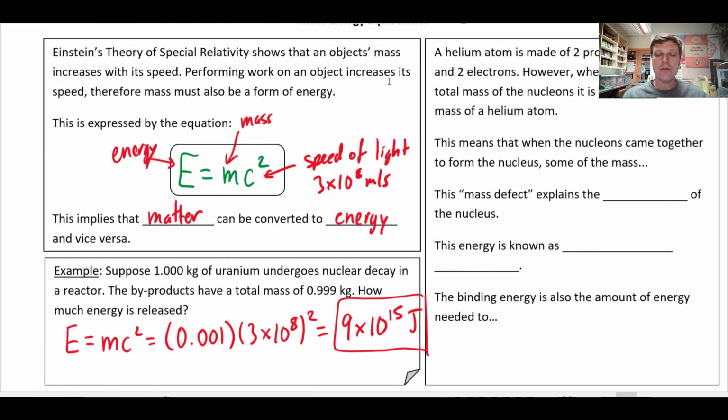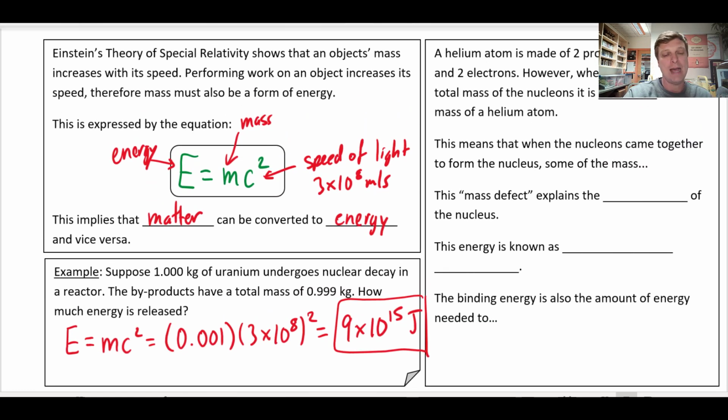Another way to think about this mass-energy equivalence is if you start building atoms. Let's say we just give you protons and neutrons and electrons and you just start building atoms. If you want to make a helium atom, you might take 2 protons and fuse them to 2 neutrons and then throw in 2 electrons in orbitals around it.